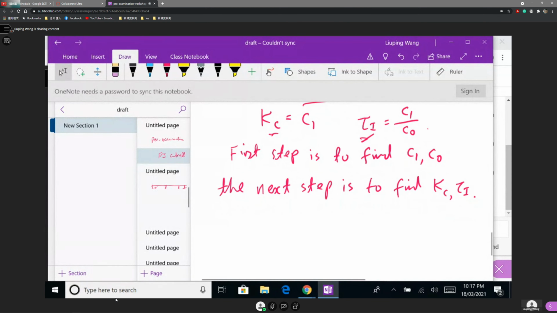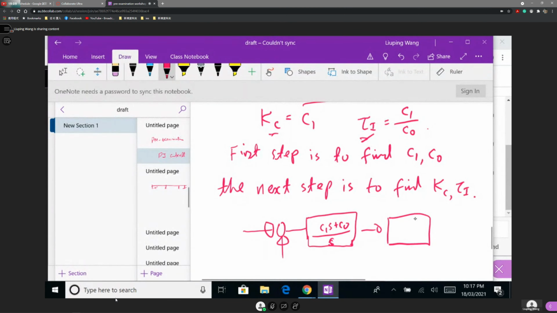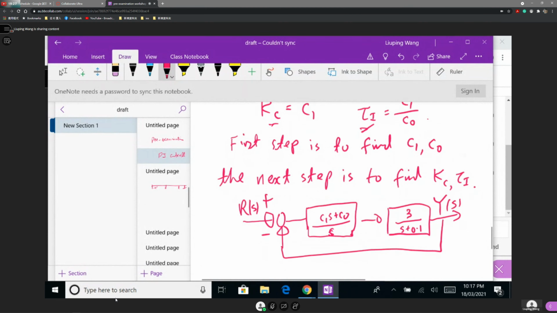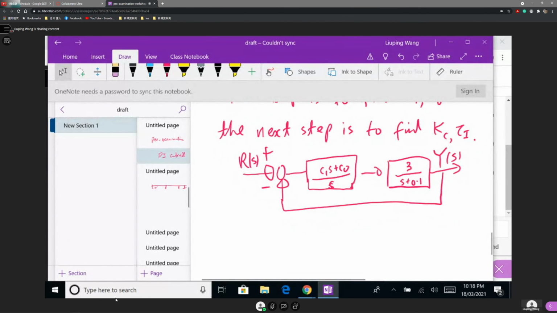When you look at the closed loop system, this is what it looks like, first order. So what is my closed loop transfer function?